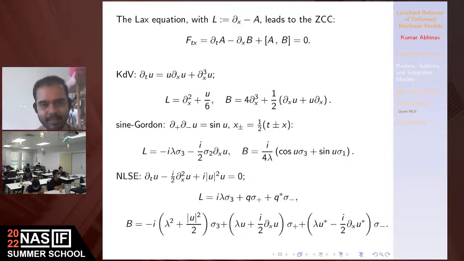So just as an example, what are Lax pairs for different things? So this L operator, if I expand it as partial derivative of x minus some A operator, just a way of writing, you can write down this Lax equation, or that is the equation of motion.